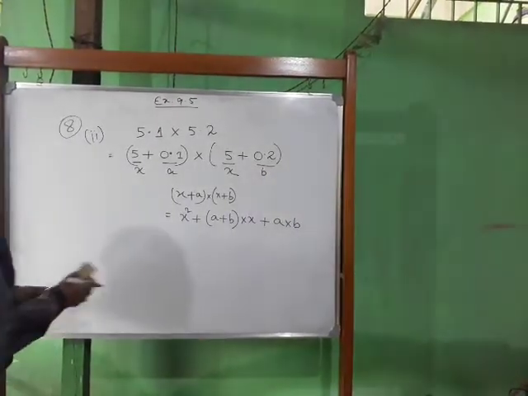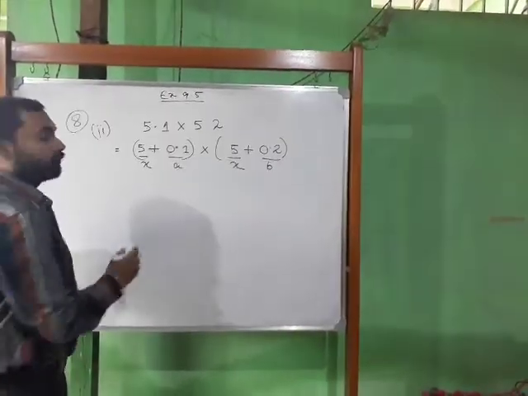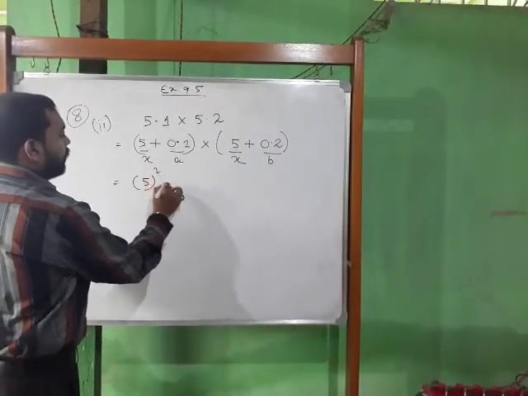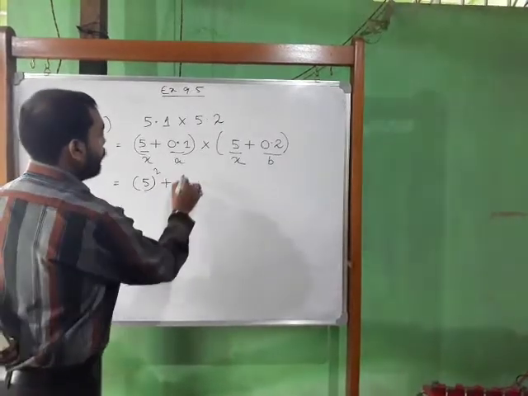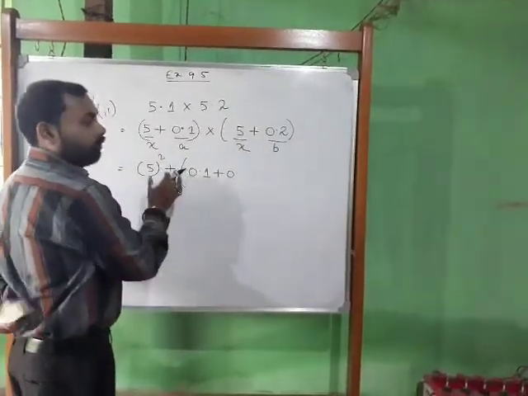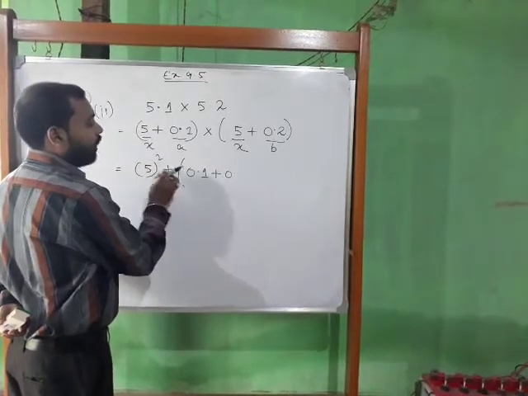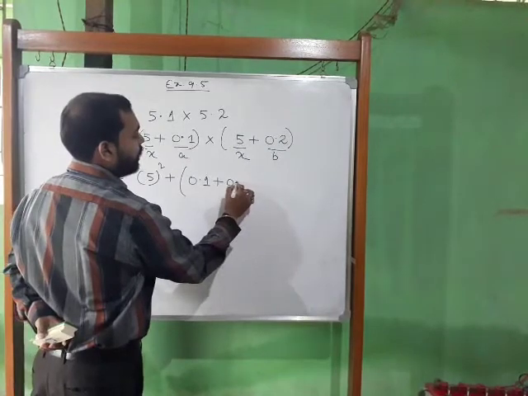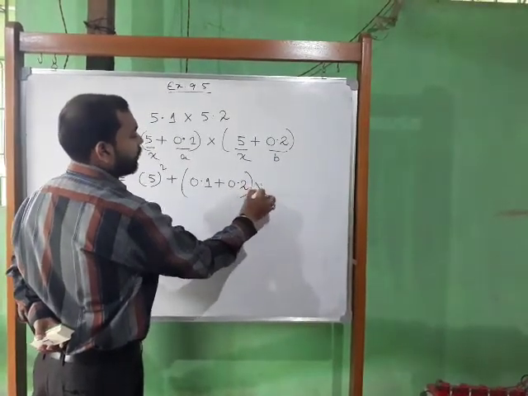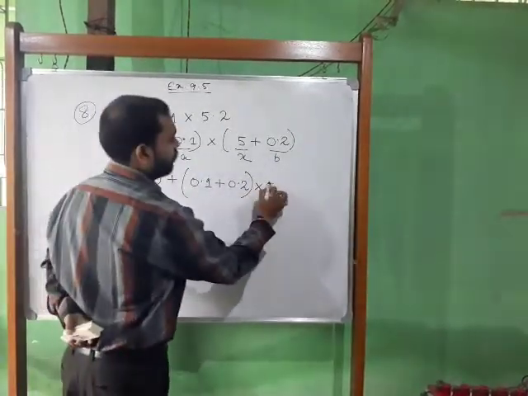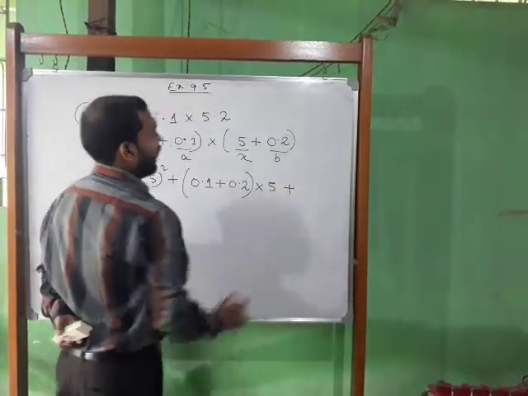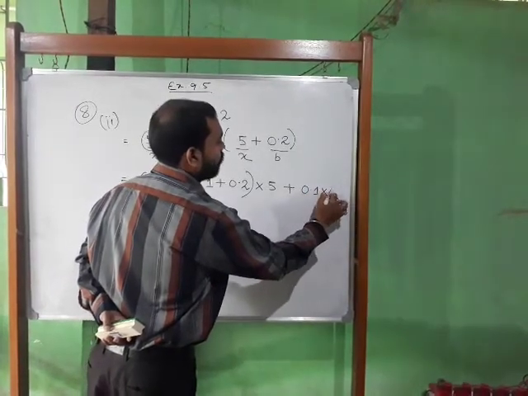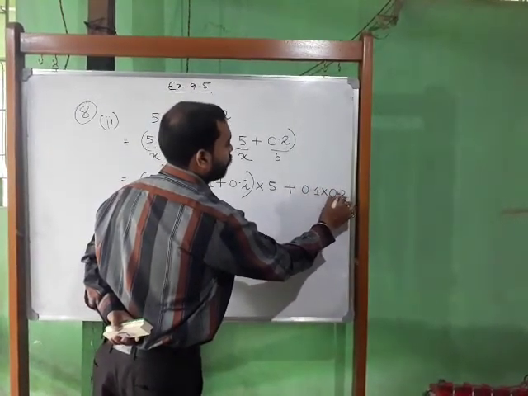So x square, it is 5 square, plus (a plus b) into x, where a is our 0.1, b is 0.2 and x is 5, plus a into b, so 0.1 into 0.2.